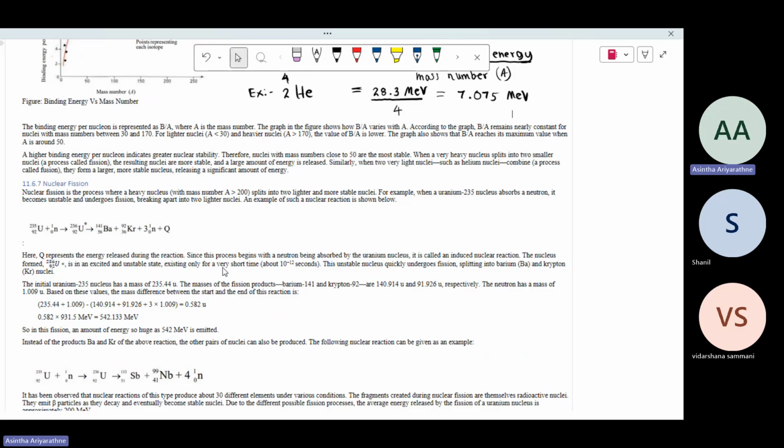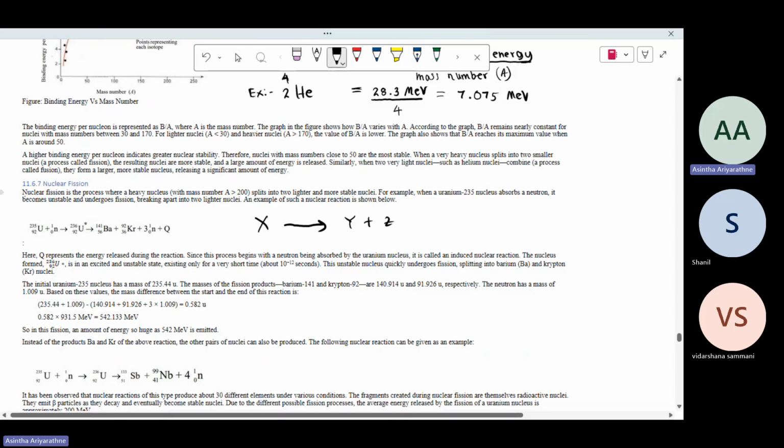Nuclear fission means the breaking of a heavy nucleus into two lighter nuclei. It is the breaking of a very huge nucleus like X into Y and Z, two small lightweight nuclei. That is called a nuclear fission reaction.